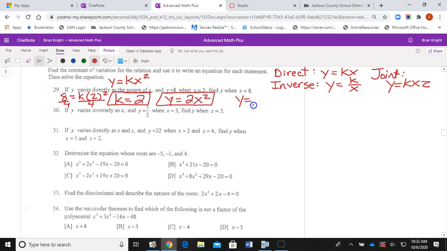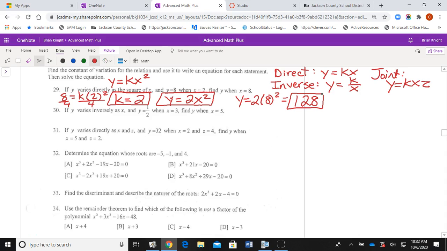So y equals 2 times 8 squared. What is 2 times 64? 128. That is your third answer. Okay? Everybody good? So you got to find k in order to write the equation, and then once you write the equation, you just plug it in. All right?